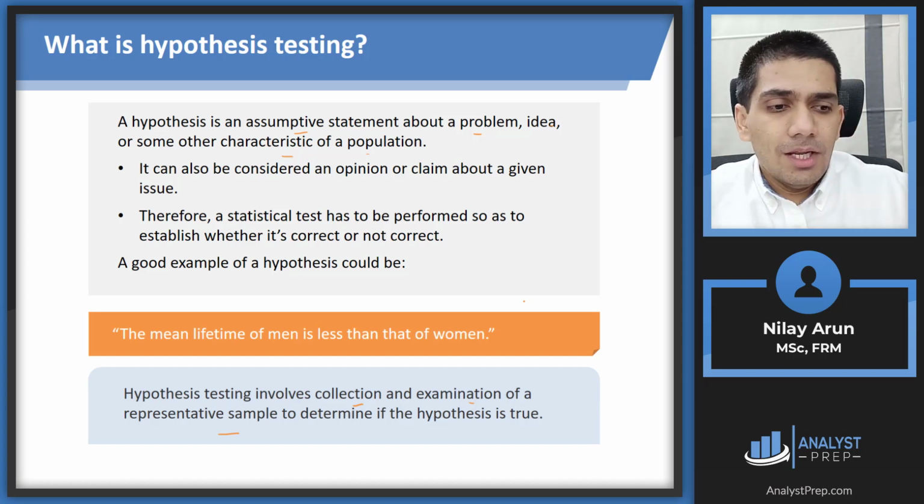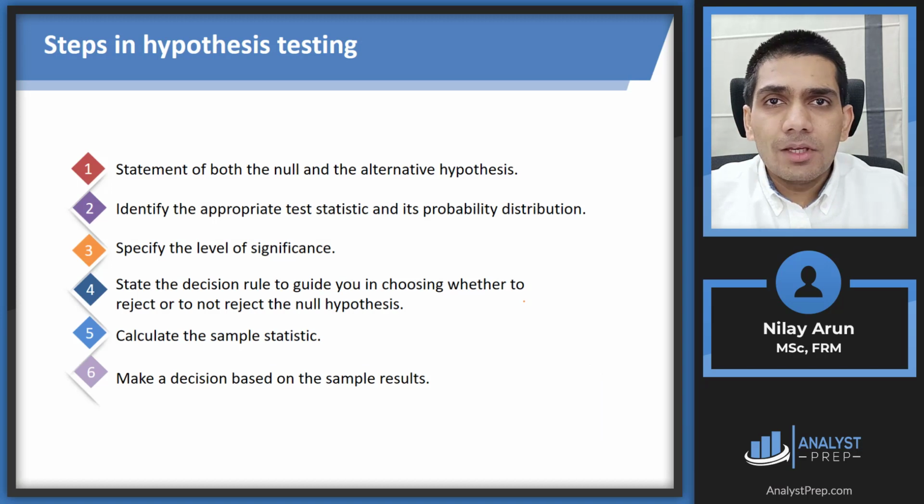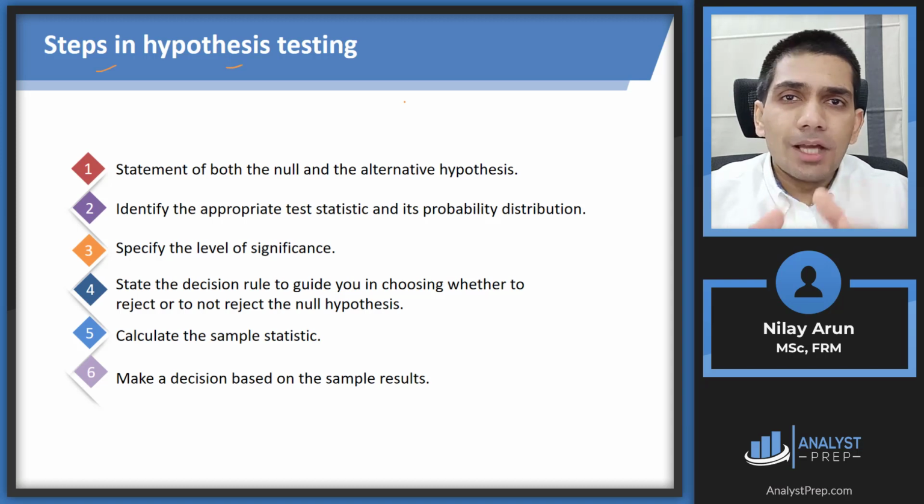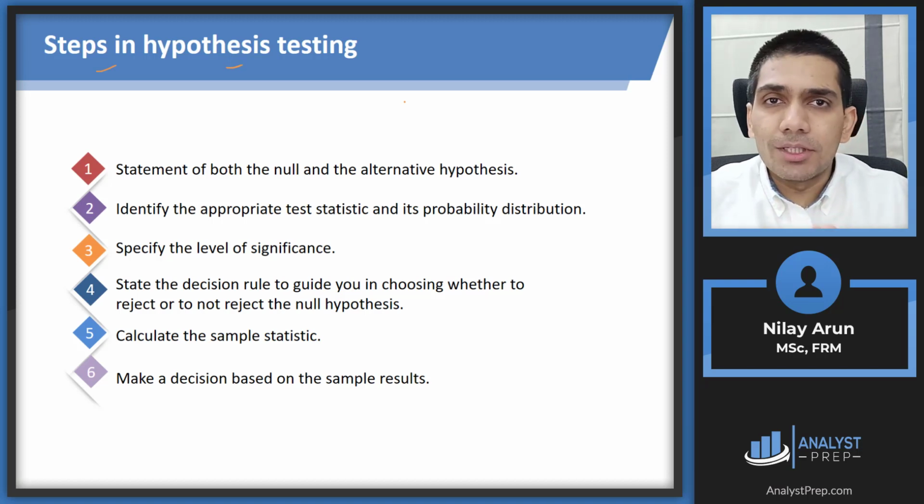Okay. Now let's look at the main thing. That is the steps in hypothesis testing. Now these steps are the backbone of what we are trying to do here. A lot of people would find hypothesis testing tough because of the number of formulas that are involved, because they're not really fluent with what null and alternative hypothesis is. They don't really know when to reject or fail to reject a hypothesis.